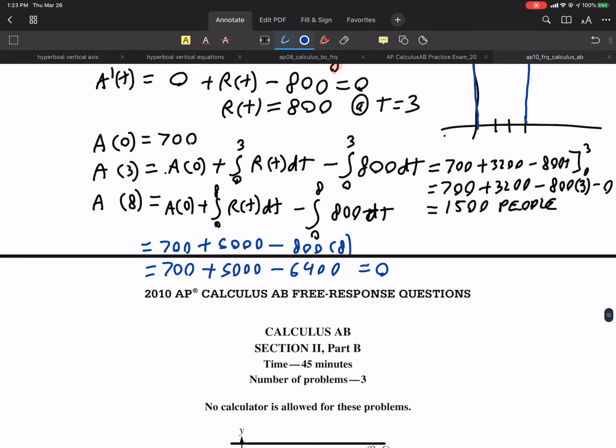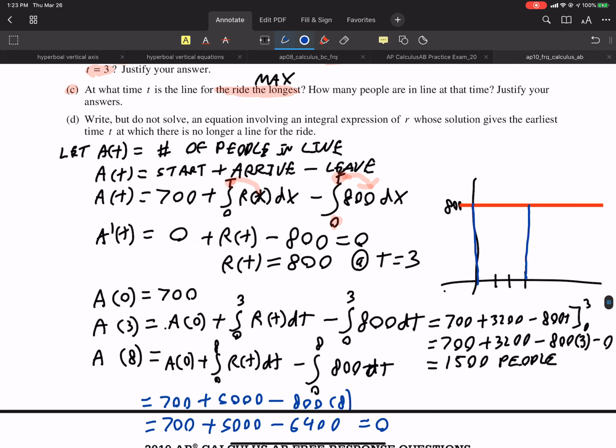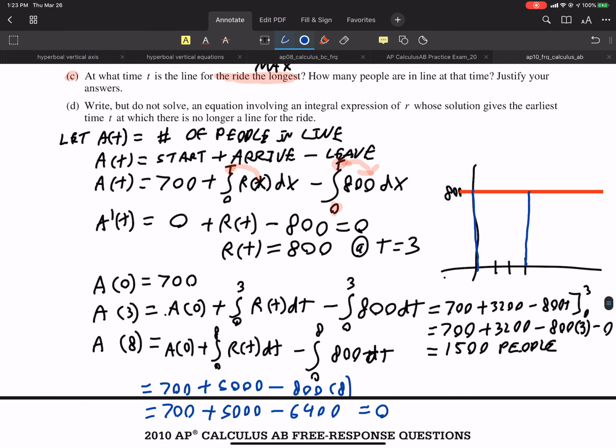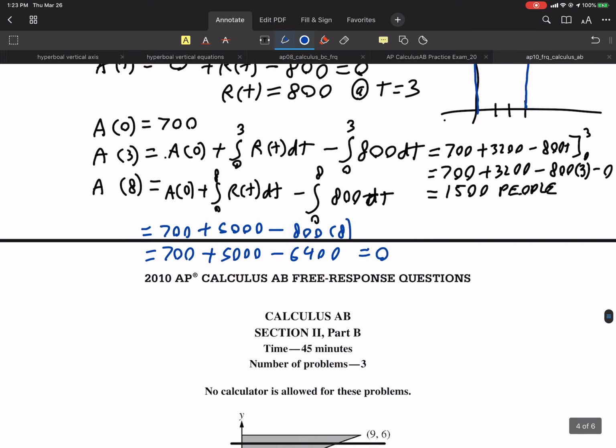But I need to do a final statement. What did the question ask for? At what time is the line for the ride the longest? And how many people are in line?